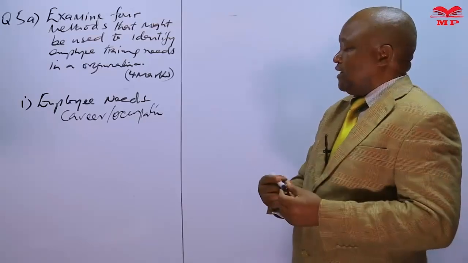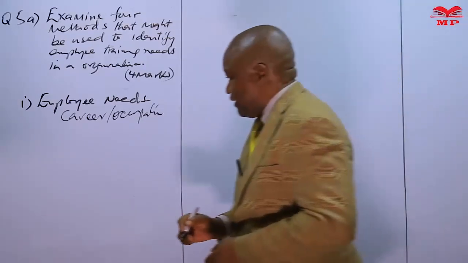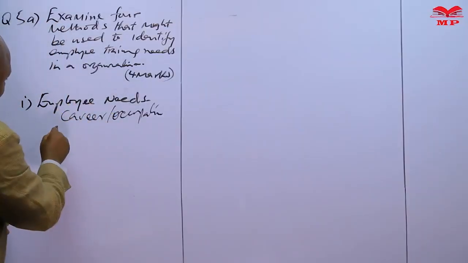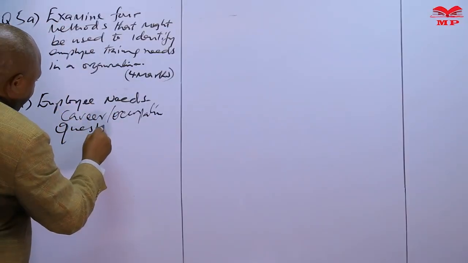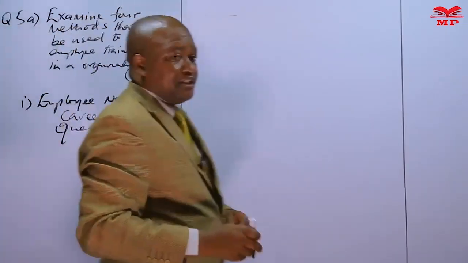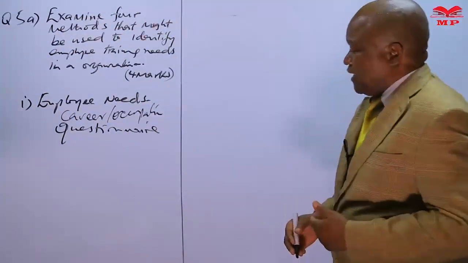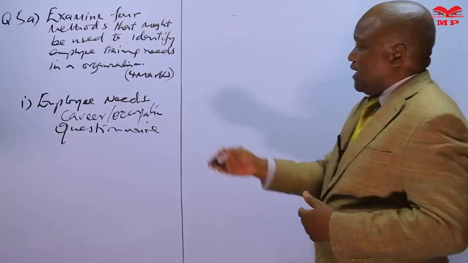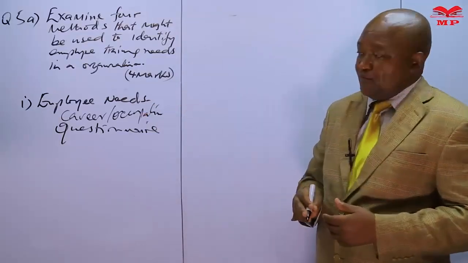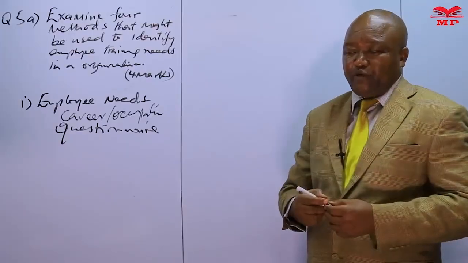So this information can be obtained from an individual employee through the use of a questionnaire that may be designed by the organization, administered to the employees through their supervisors, or other method that might be designated, and training needs obtained based on the needs of the employee.